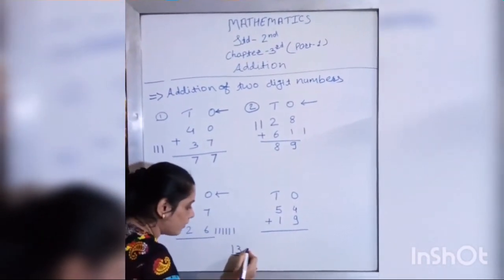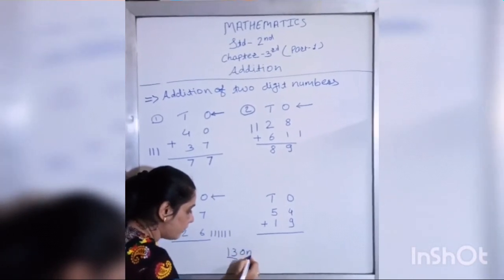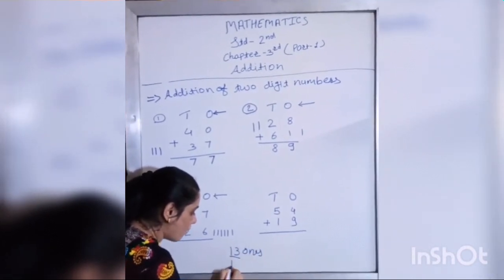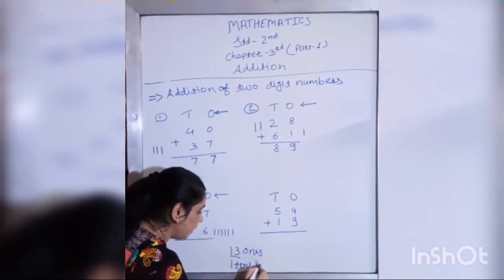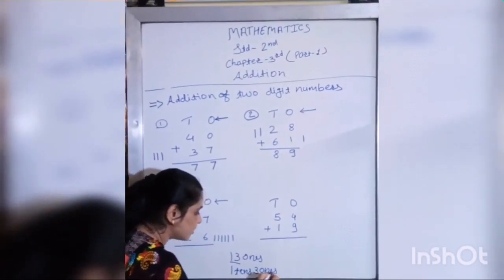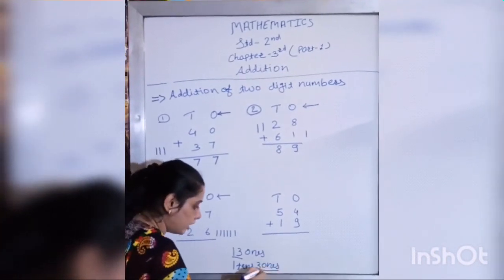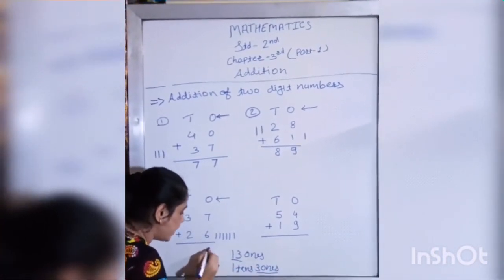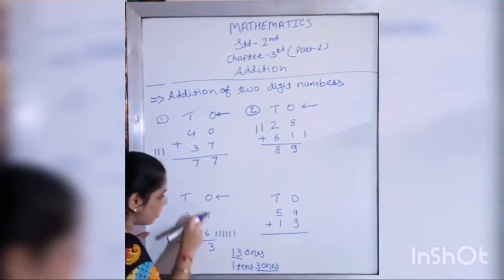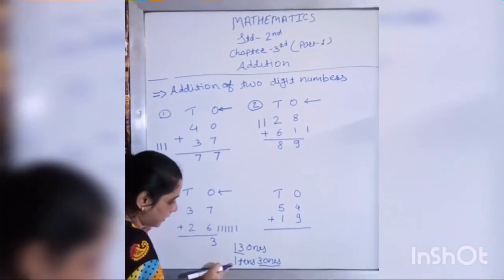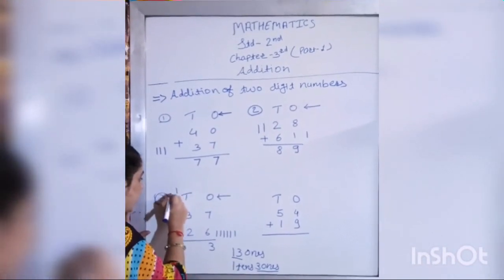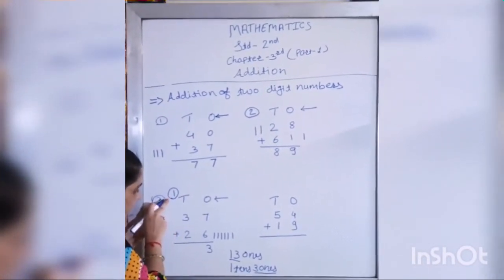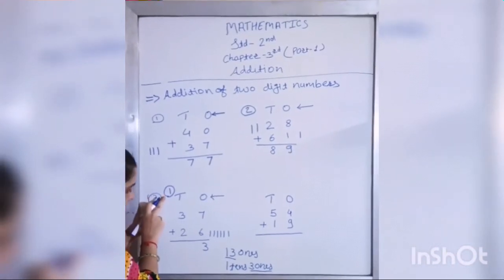This 13 we can write as 13 ones, or 1 tens and 3 ones. So these 3 ones we will write on the place of ones, and this 1 tens we will write over the tens place as a carry.